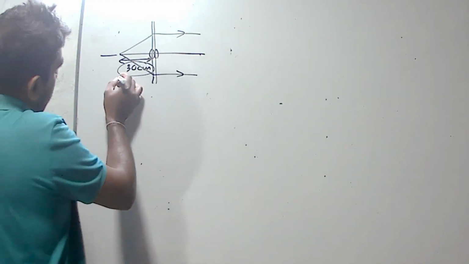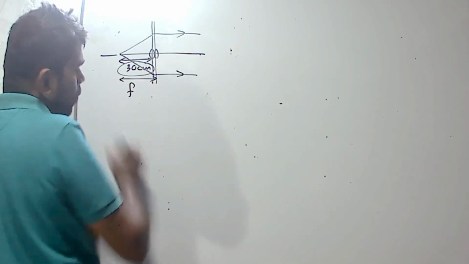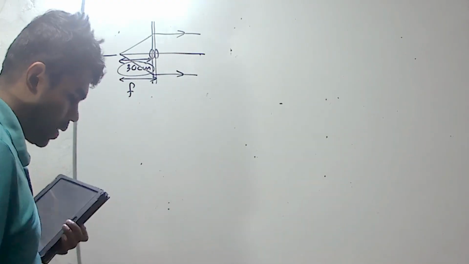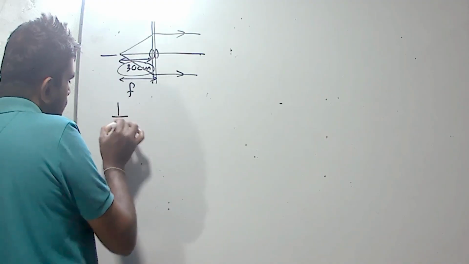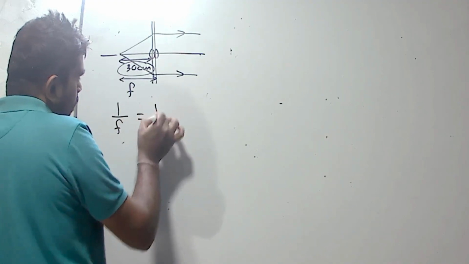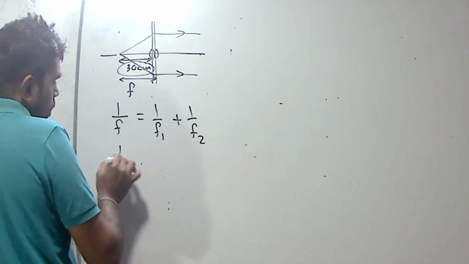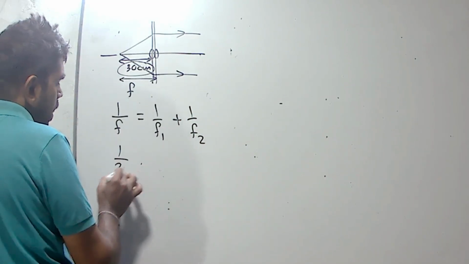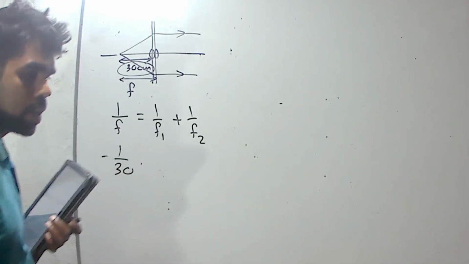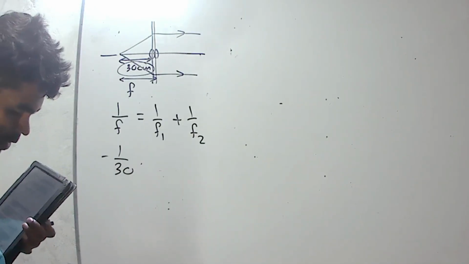Then this one should be the focal length of the combined lens. Then we can use the combined lens formula: 1 over f equals 1 over f1 plus 1 over f2. 1 over the lens combination, 30, is a minus value because of the convex lens.